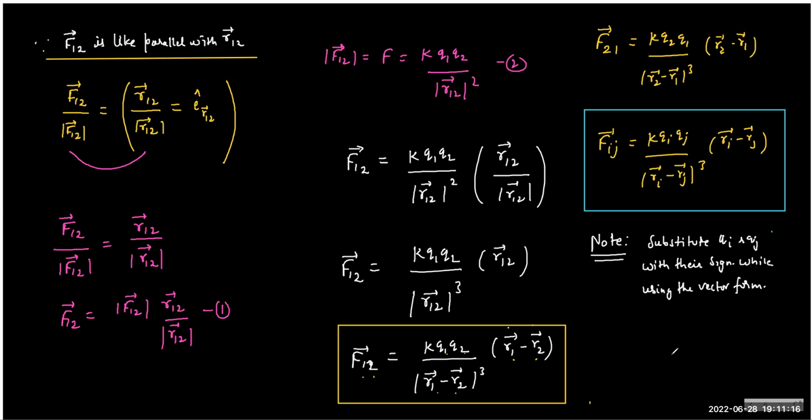That's simple, and it's not very difficult. Just put Q1, Q2 with sign. If both are positive, the answer will be positive. If both are negative, the answer will be positive. If one is positive and one negative, automatically a minus will come into the picture, which will take care of everything. So you're not supposed to worry about this. It looks a bit verbose, too much on the board, but let me show you an example and how easy this is to write. It's really a piece of cake.